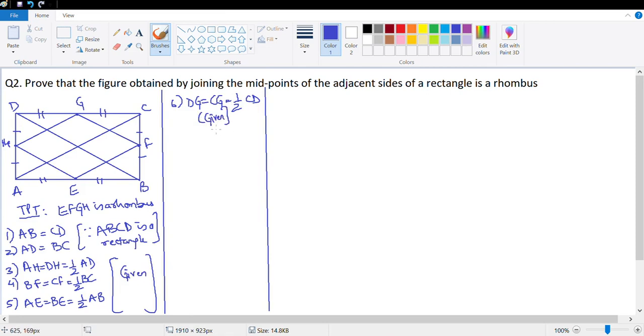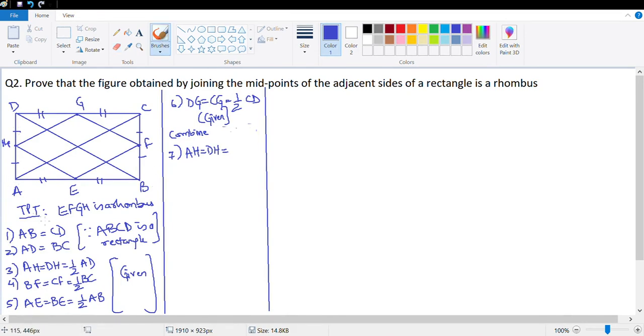So if I combine 1, which is AB and CD are equal, and 5 and 6, where we talk about half AB and half CD, what I get is AH is equal to DH. Not 1 and 5 and 6, I've written the numbers wrong. If I'm talking about AH and DH, then we are referring to the sides AD and BC.